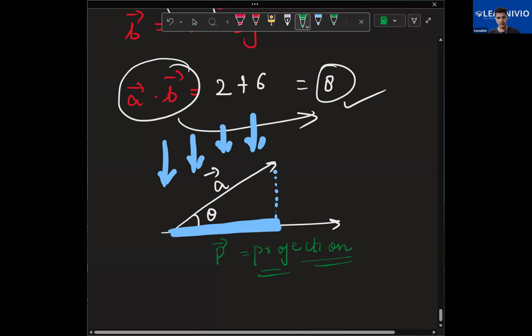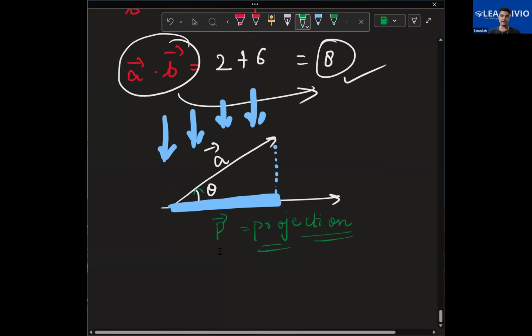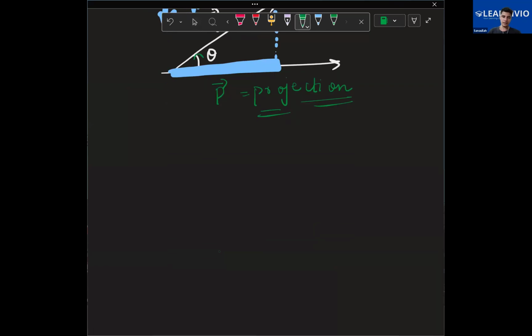Yes, sir. And the angle is what? You should always calculate the angle in an anti-clockwise direction from your projection vector to the given vector A. Let's suppose if this is a line, and this would be my vector, the A vector.